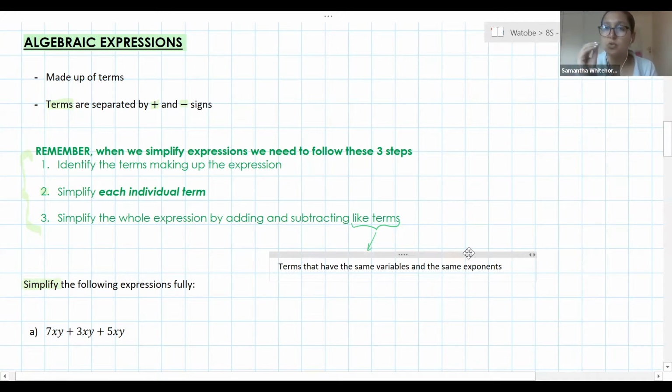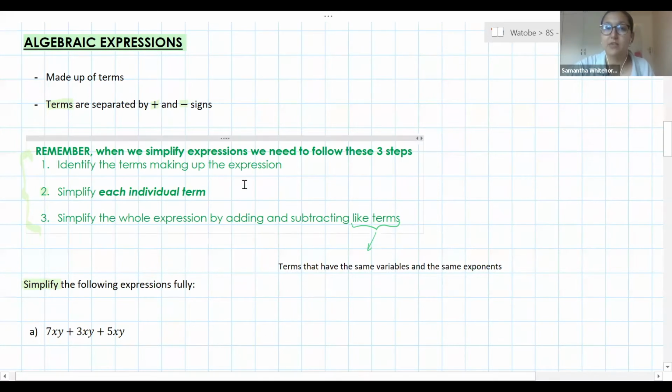We are looking for terms that have the same variable or combination of variables with the same exponents. The numbers in front, i.e. the coefficients, can be different. It is the set of variables and exponents that we look out for when we look for like terms. So that's what we need to be able to identify according to step number 3.